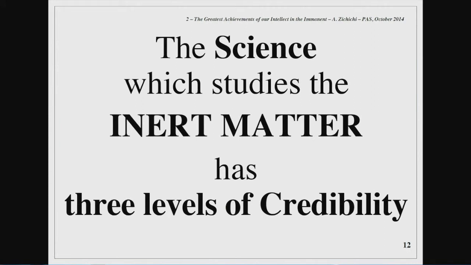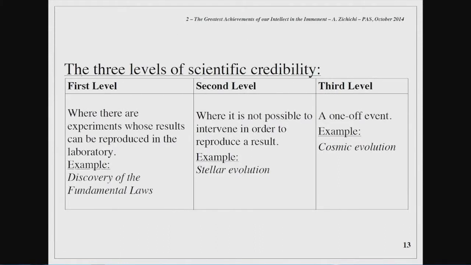The science which studies inert matter has 3 levels of credibility. The first one is where there are experiments whose results can be reproduced in the laboratory. Example, the discovery of the fundamental laws.